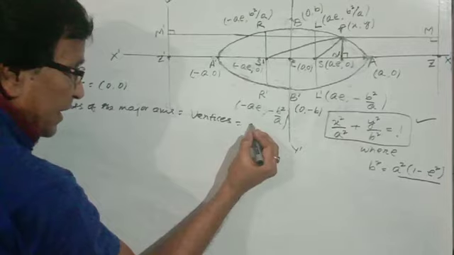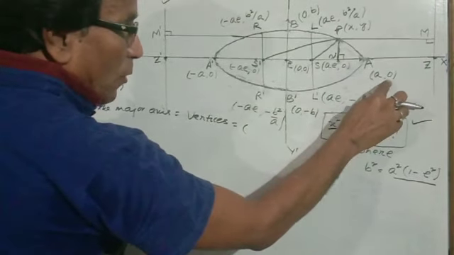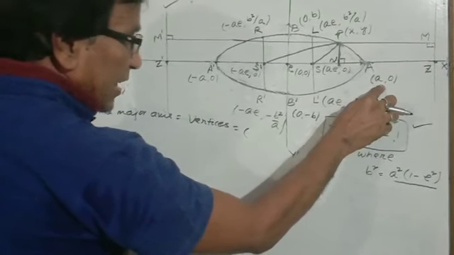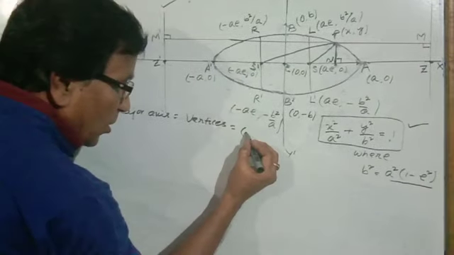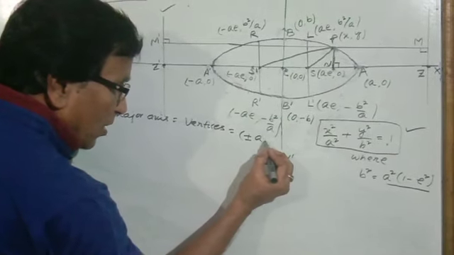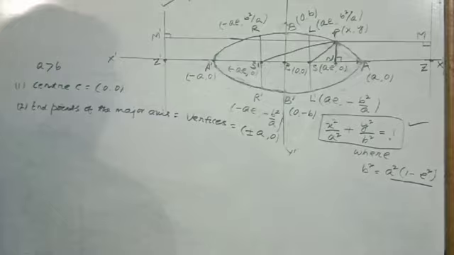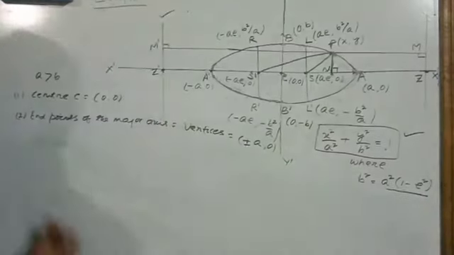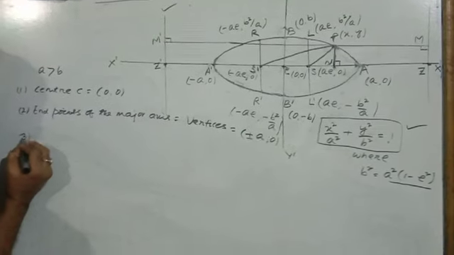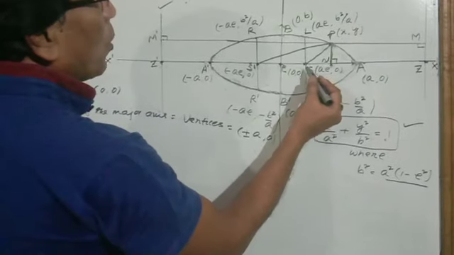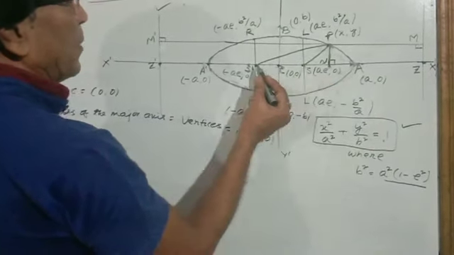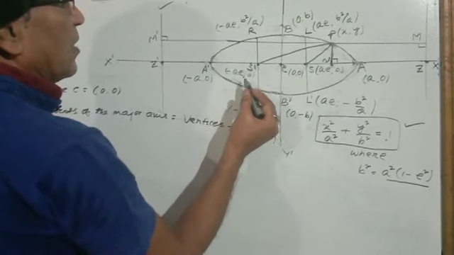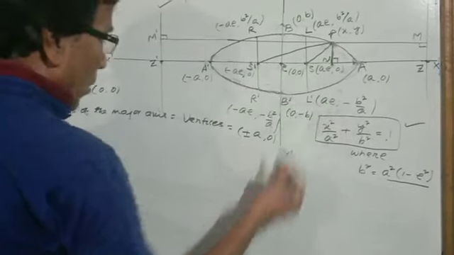Its coordinates: one endpoint of the major axis is (a, 0), another endpoint is (minus a, 0), so plus minus a, 0 are the vertices of this ellipse. Third point: one focus is S, another, second focus is S'.